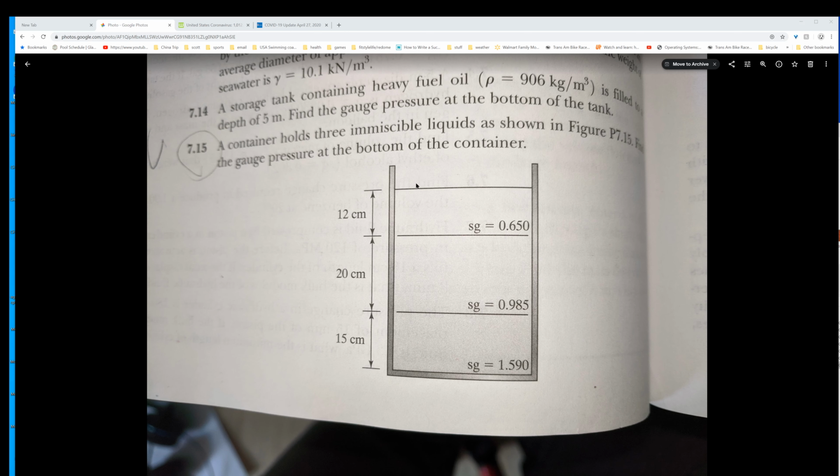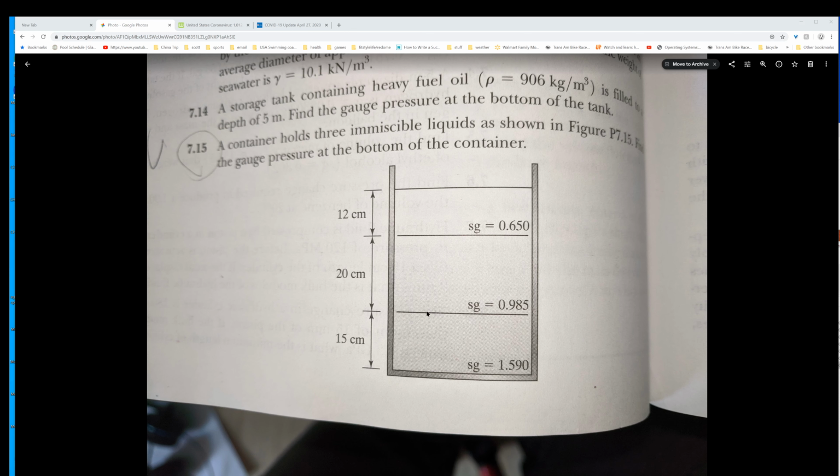Then relative to this point down to here, we have this much change in pressure due to this liquid, right? And when you go down another layer, you have to add the delta pressure due to this liquid to whatever it is for the liquid above, right?